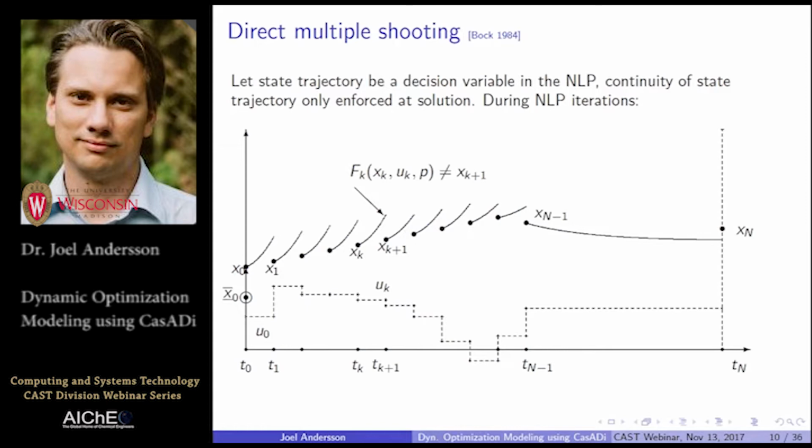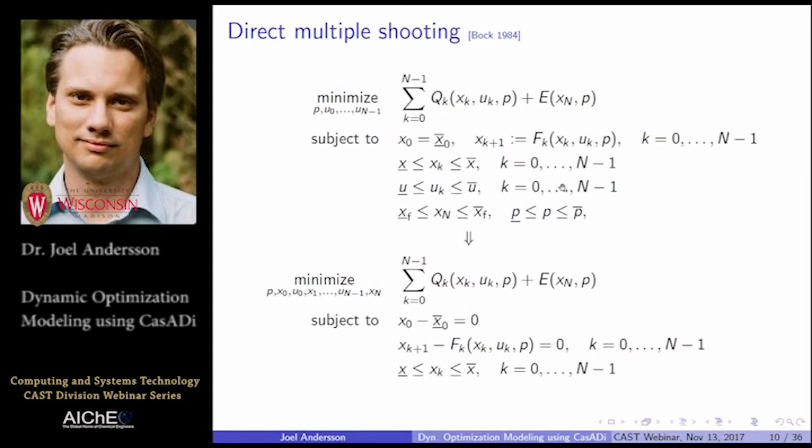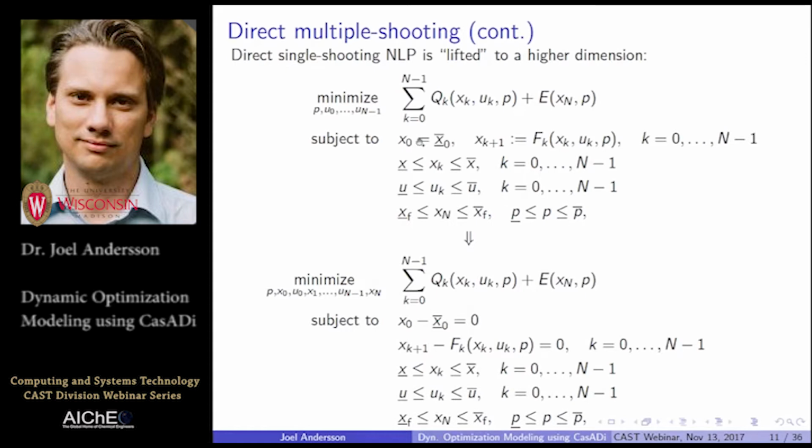Another popular method is the direct multiple shooting approach. In direct multiple shooting, in addition to our control parameterization, we also let our state trajectory be a decision variable in the nonlinear program. So if we take our single shooting NLP and lift it to a higher dimension, including our state trajectory x0, x1, and so on, into our NLP formulation, we get a higher dimensional problem.